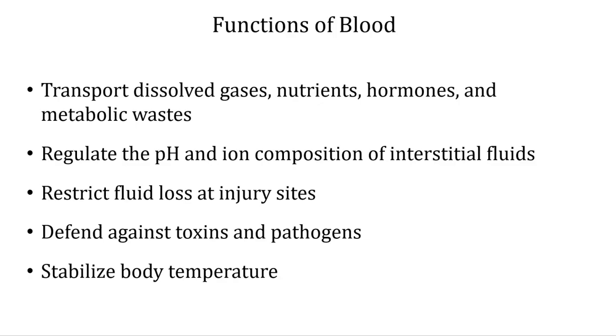Okay, and then another main function of blood is it's a major source of thermal regulation. So it's the direction of blood around your body that can help you to reduce your body temperature or increase your body temperature. If you're too warm, almost like a radiator, the body will send blood to the surface of your skin so that air can blow past it and carry the heat away.